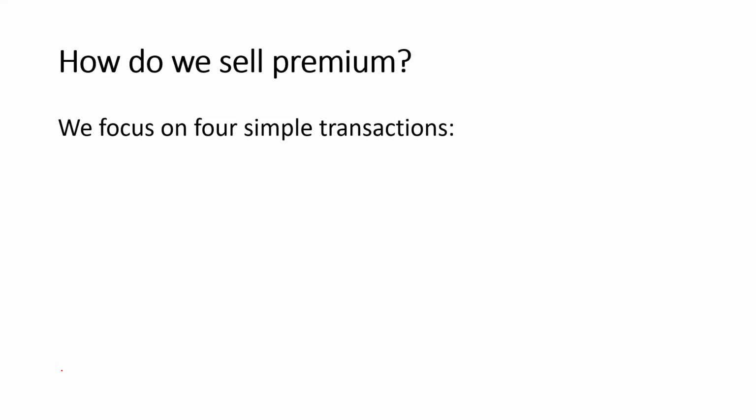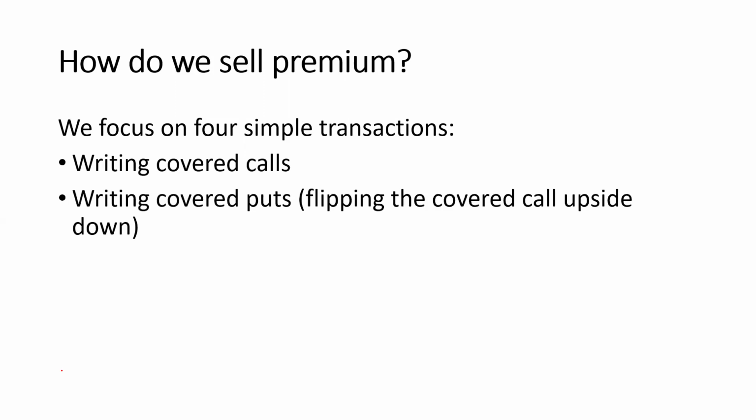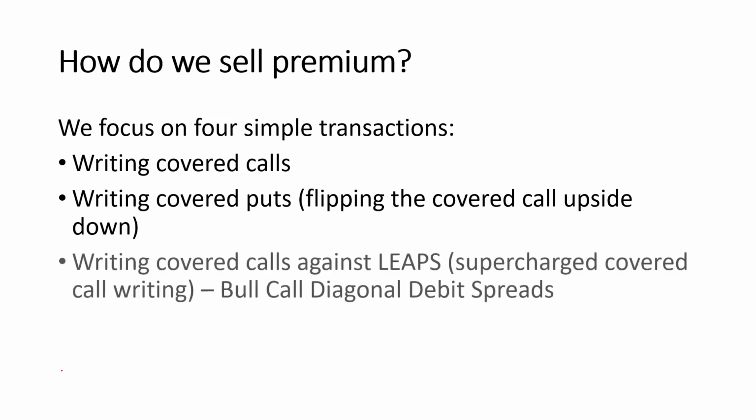But let's get back to the topic at hand. I want to stay to the time limit that David gave me. I'm focusing on 4 simple transactions, right? I'm writing some covered calls. I'm writing some covered puts. A lot of folks have heard of covered calls, but they don't know much about covered puts. That's why I'm flipping the covered call upside down. I like to write covered calls actually against leaps. This is how you can supercharge your covered call writing.